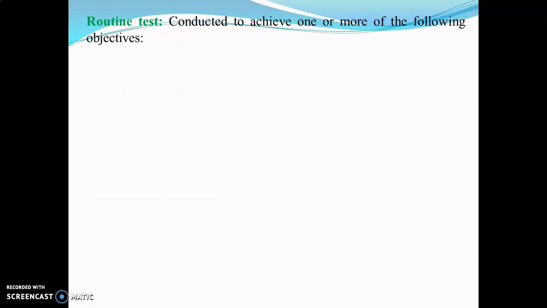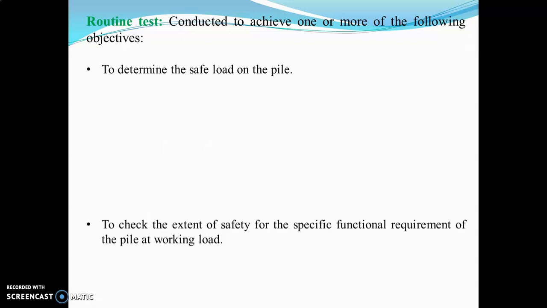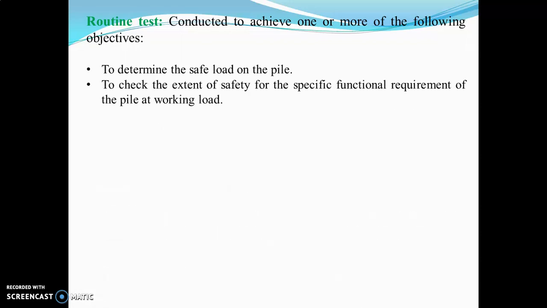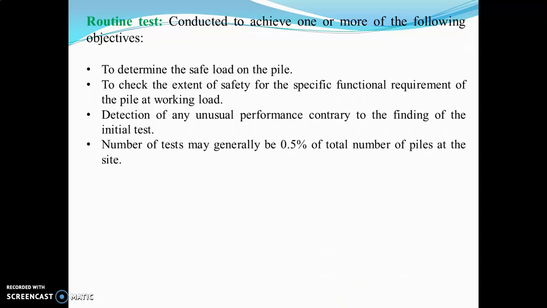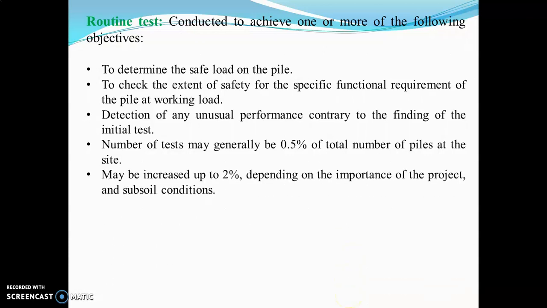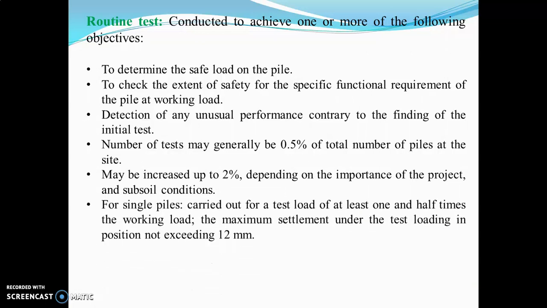The second one is the routine test, which is conducted to achieve one or more of the following objectives: to determine the safe load on the pile, to check the extent of safety for the specific functional requirements of the pile at working load, and detection of any unusual performance contrary to the findings of the initial test. The number of tests may generally be 0.5% of the total number of piles at the site, and may be increased up to 2% depending on the importance of the project and subsoil conditions.